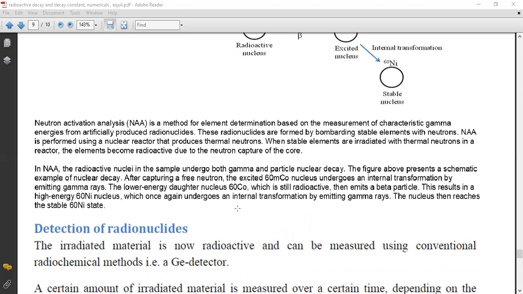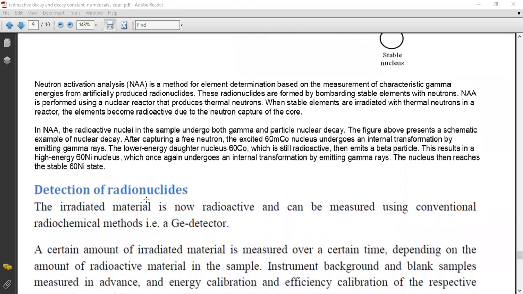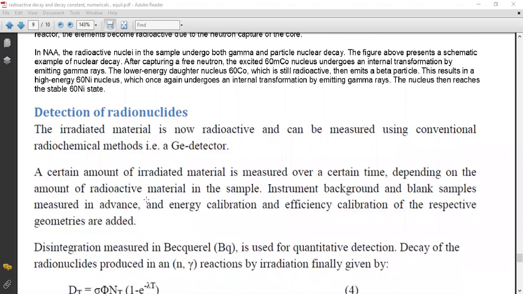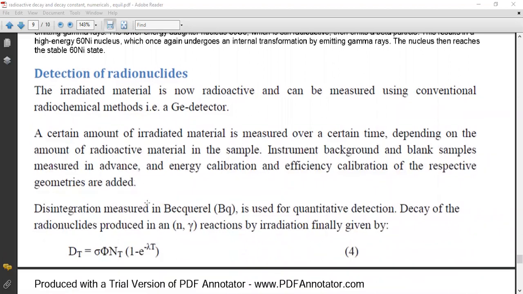The nucleus then reaches the stable Ni60 state. In that way, we can analyze the concentration of a particular material, and that is known as neutron activation analysis.